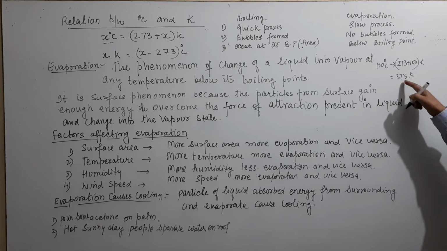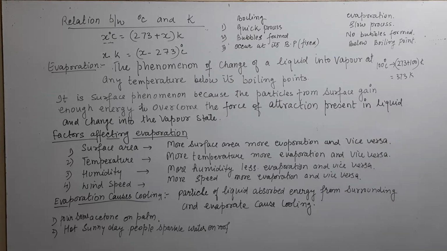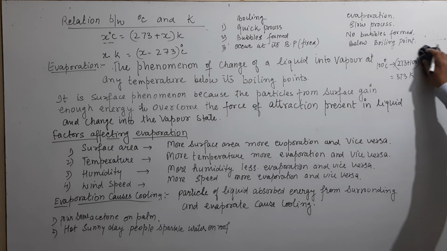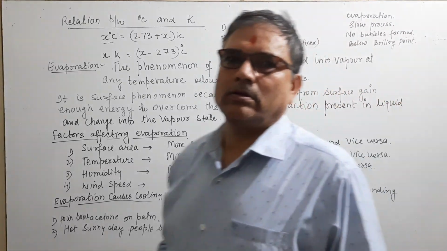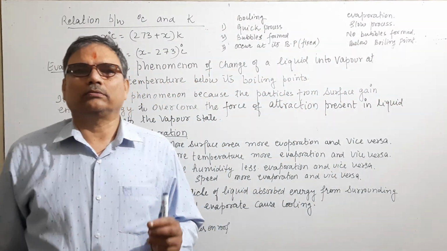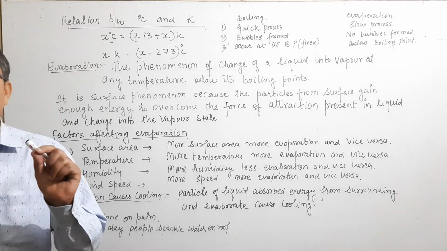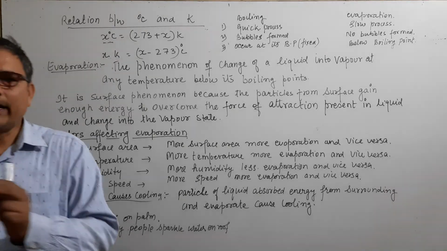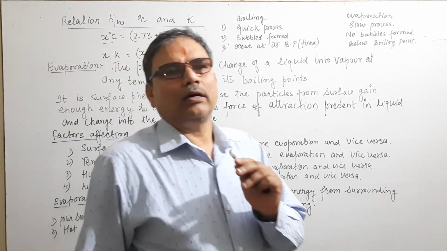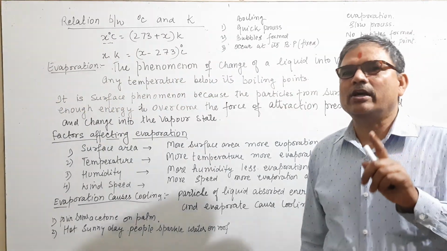It means 373 Kelvin is the boiling point of water, which is equal to 100 degree Celsius. That means 0 is generally the state of water in solid state, 100 degree in vapor, means gaseous state, and in between 0 and 100 the water exists in liquid state.